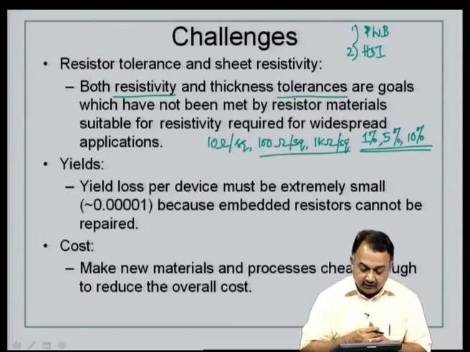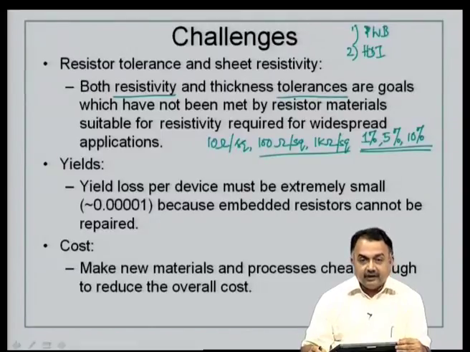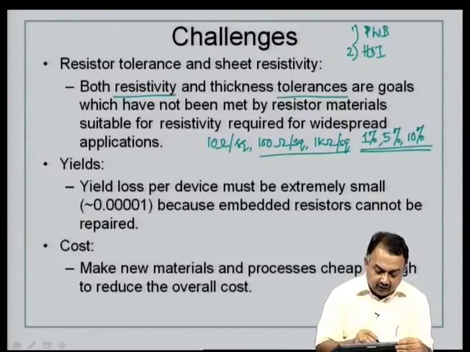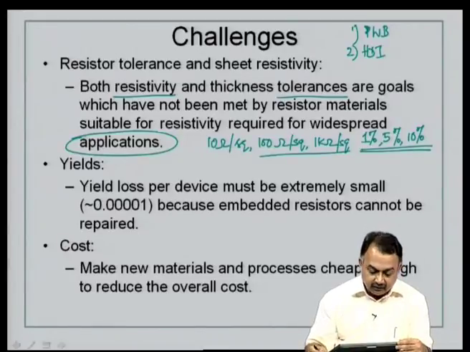These are the issues that need to be discussed with your manufacturer, and the goals which have not been met by resistor materials suitable for resistivity required for widespread applications. So, basically you have to look at applications and then accordingly decide on your design.